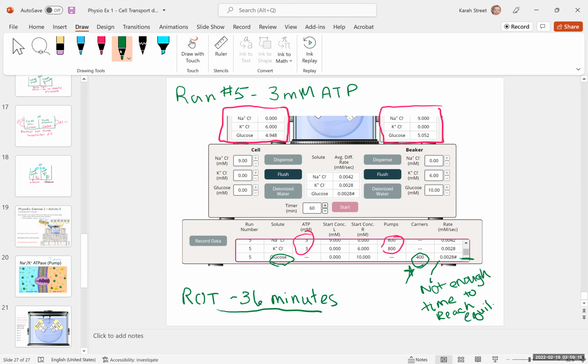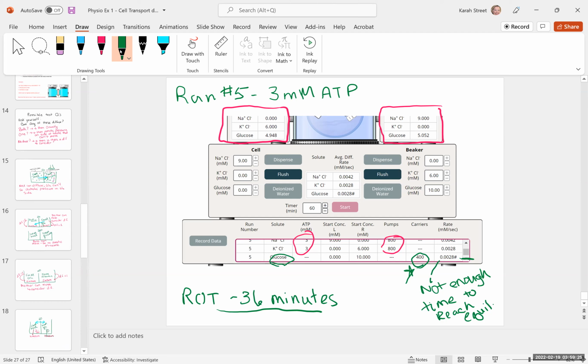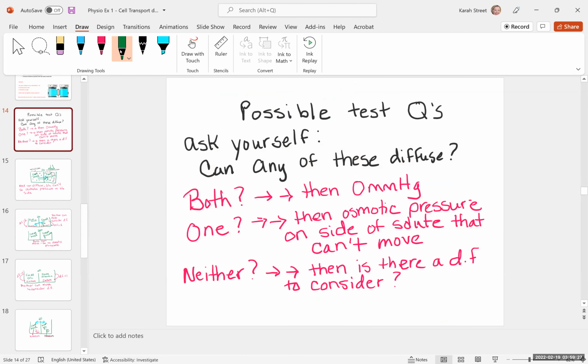When could those solutes diffuse and when could they not? And I'm, of course, referring to activities 1 and 3 for those types of concepts. And again, you can review these possible test questions that I gave you some examples for.